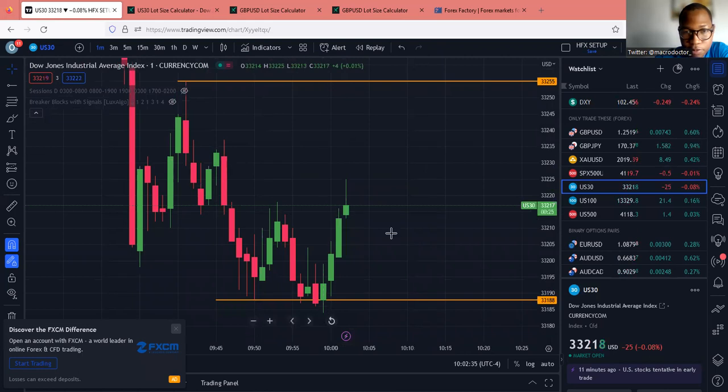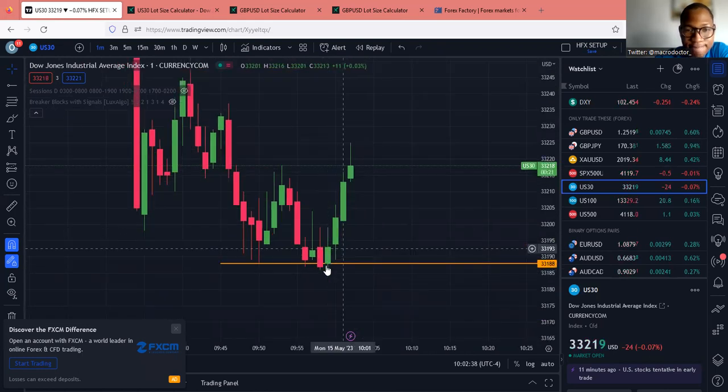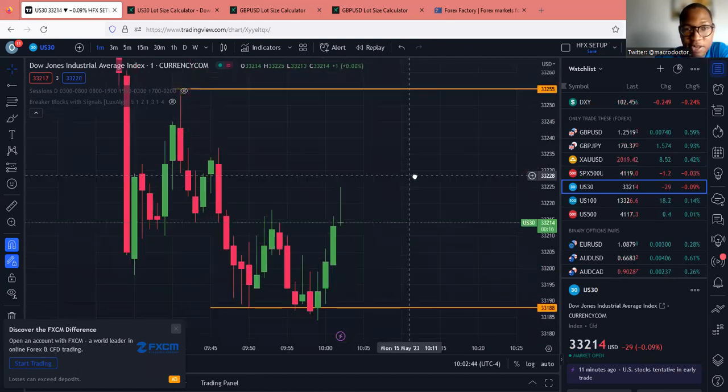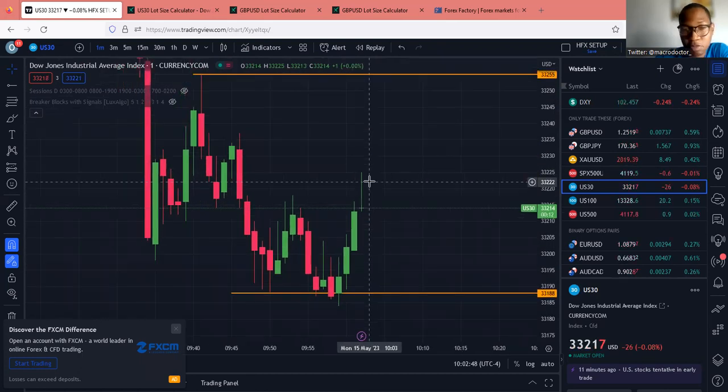Let me see when this lowest candle was by 9:59. Price might keep buying for all I know. Either way, I'm good. Let's see what price does.